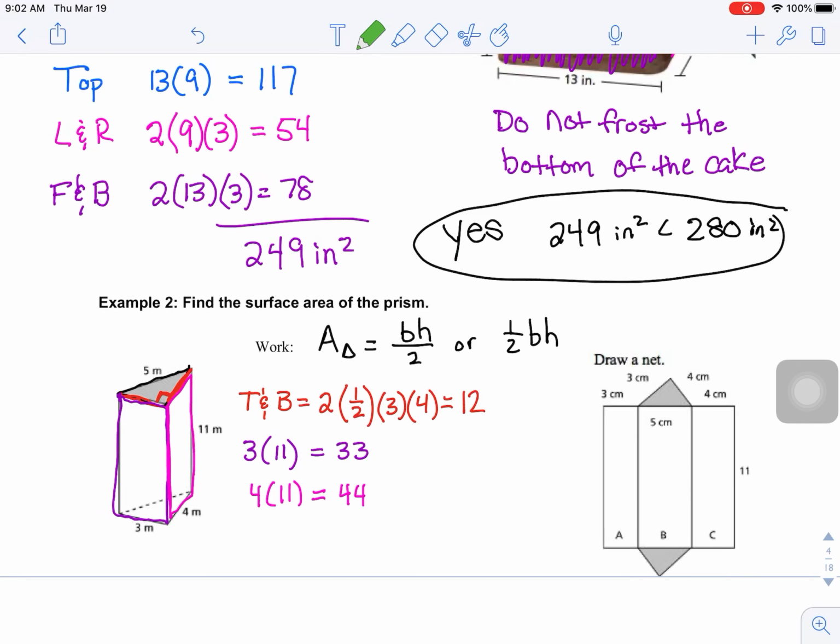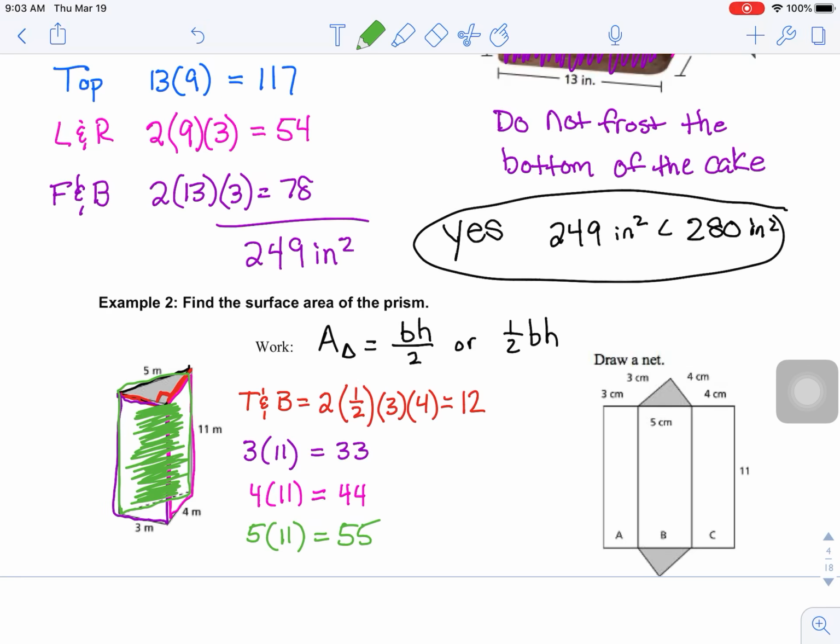And then don't forget about the side in the back, this rectangle back here in green. That rectangle is a 5 by 11, so 5 by 11 would give me 55.